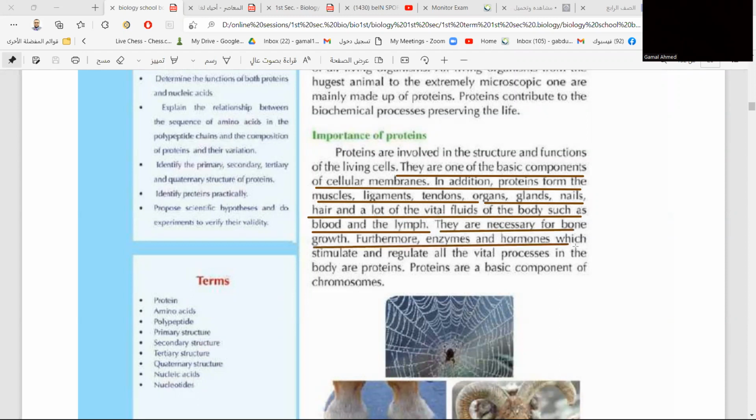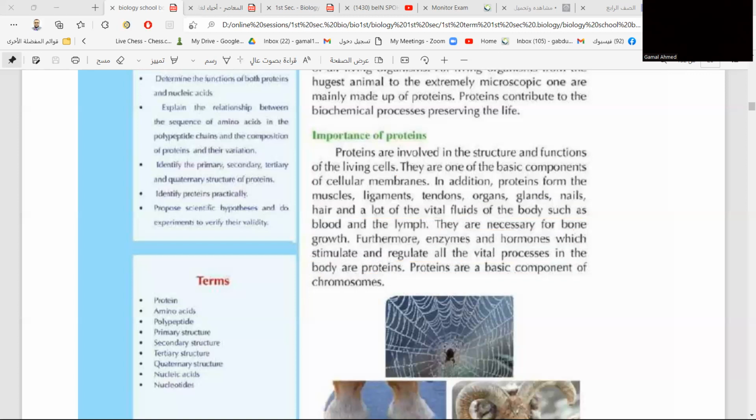Furthermore, enzymes and hormones, which regulate the vital processes in the body, are also protein. So proteins are the basic component of the chromosomes also. The biggest percentage of biological macromolecules in our body is protein.